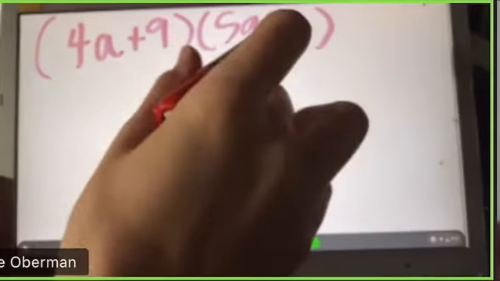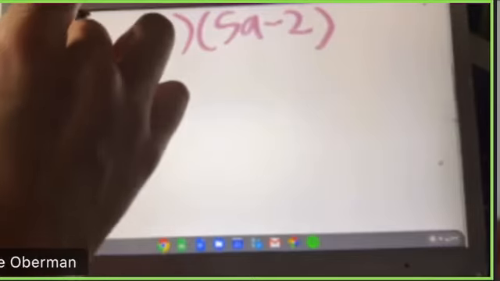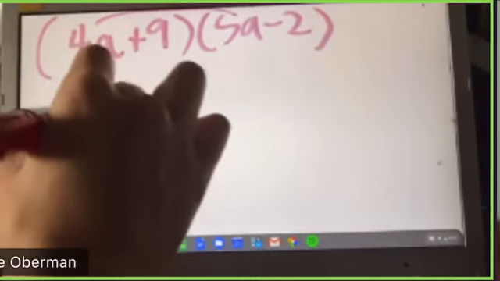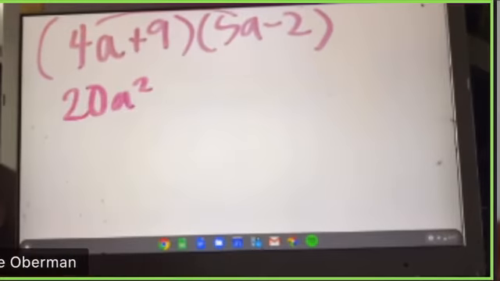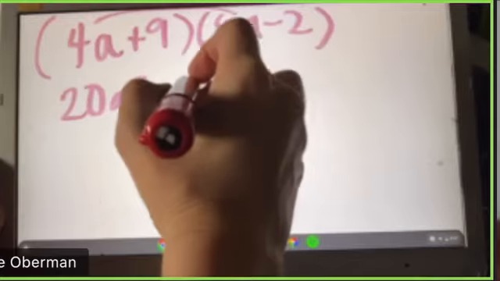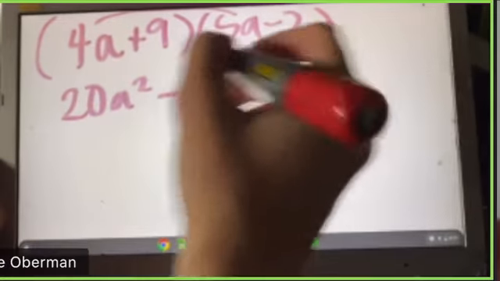Okay, but again, we just combine them in order. So we do 4a times 5a, which is 20a squared, okay? And then 4a times negative 2, so we get negative 8a.